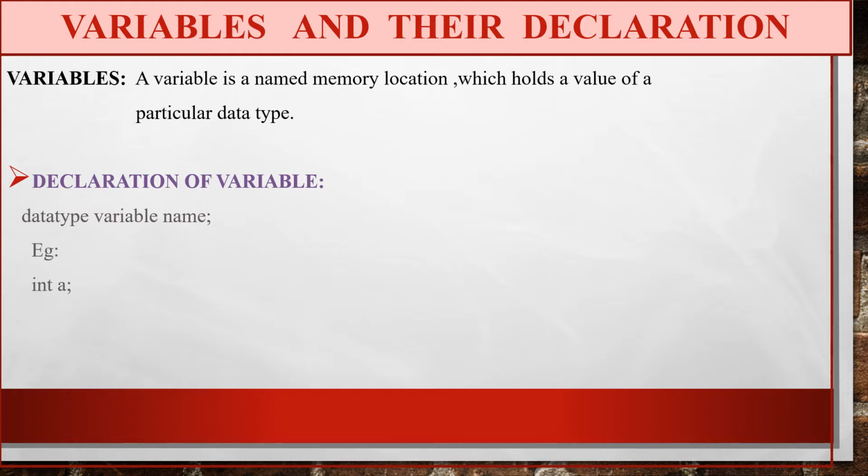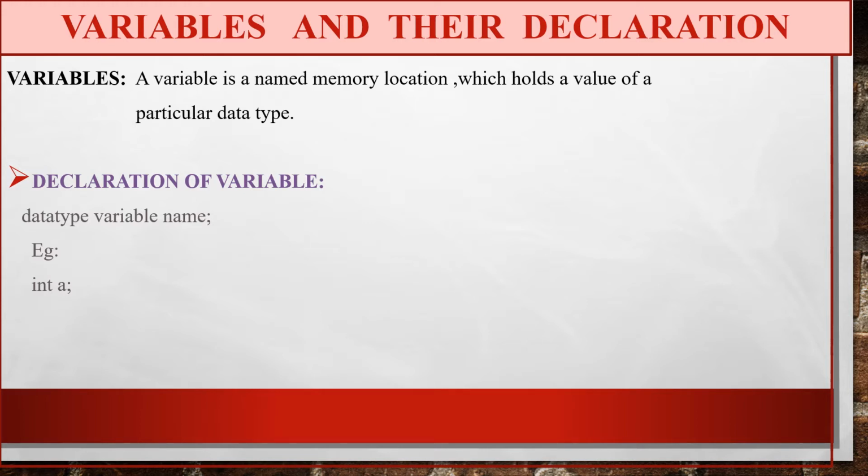Just for example, if I want to declare a variable with the data type integer, I may write int a, where int is a data type which tells the compiler that variable a will store only integer type of values. Here the name of the variable is a and the data type is integer.